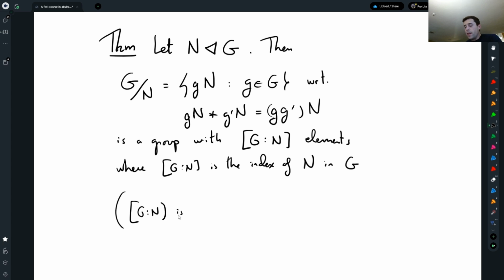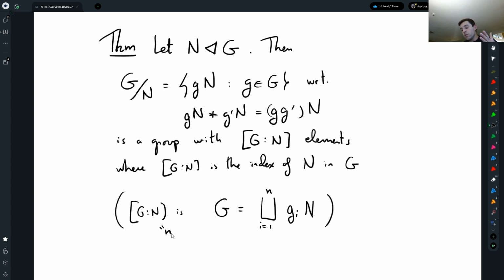It is the number such that G can be partitioned. There is a number of cosets, 1 through some n, such that those cosets partition G. If G is finite, this index will be finite.